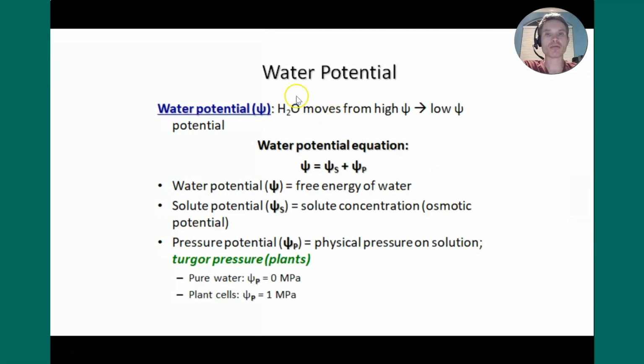When we talk about water, we have to deal with water potential. This is the equation for water potential. It has the solute potential represented by psi s and the pressure potential represented by psi p. When we add these together, that is what we call the water potential. Remember that water always goes from a high potential to a low potential.